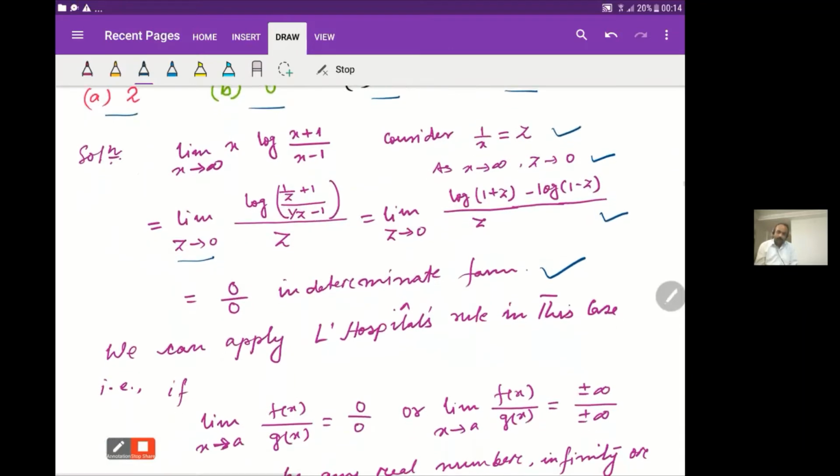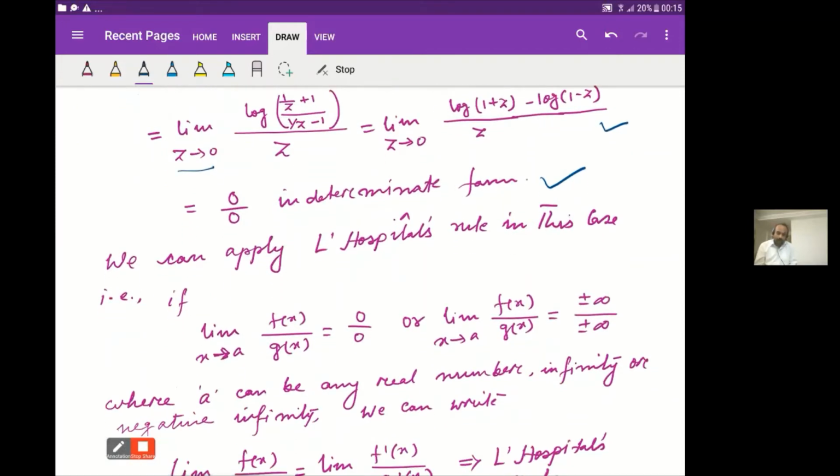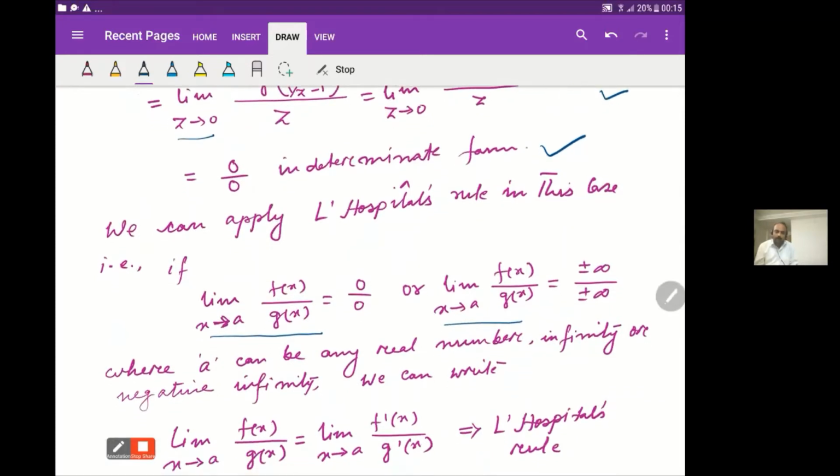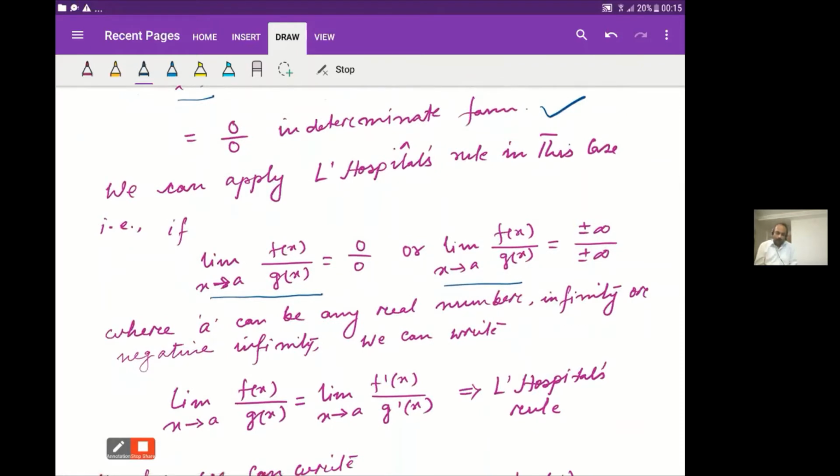That is the indeterminate form. And when we have indeterminate form, we can apply L'Hospital's or L'Hopital's rule. And we know the condition when we can apply the L'Hospital's rule. If limit x tends to a, fx by gx equal to 0 by 0, or limit x tends to a, fx by gx is equal to plus minus infinity by plus minus infinity, where a is any real number or infinity or negative infinity, that time we can apply L'Hospital's rule.